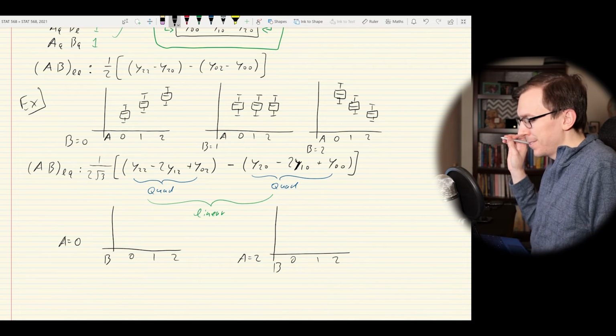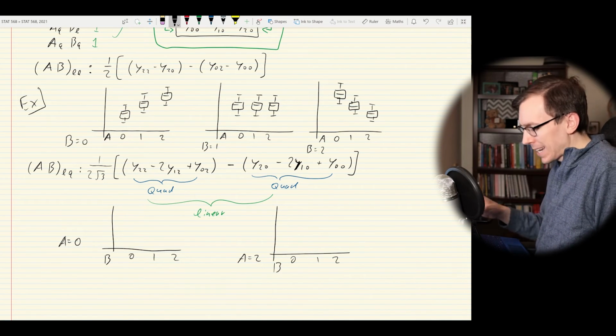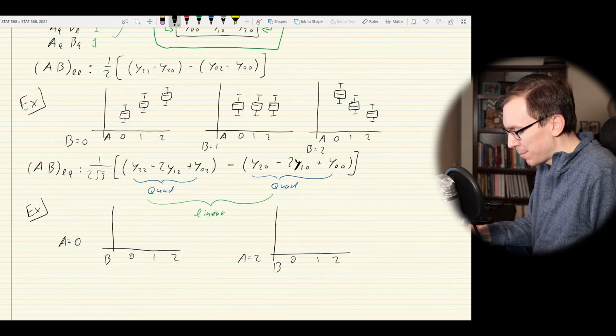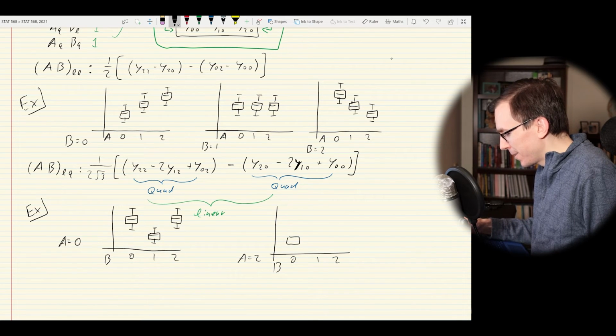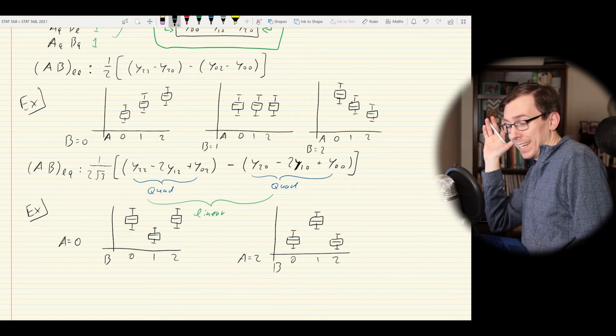So a significant linear quadratic contrast might, again, this is just an example, look like this, where when A is set to 0, we see a strong positive quadratic contrast in B. But when A is set to 2, we see a strong negative quadratic contrast in B. So you'd have something like that.